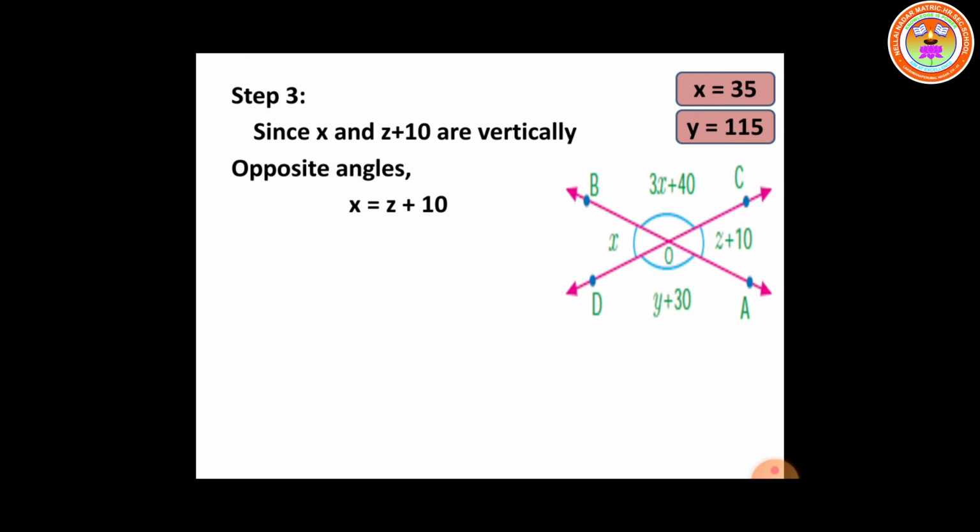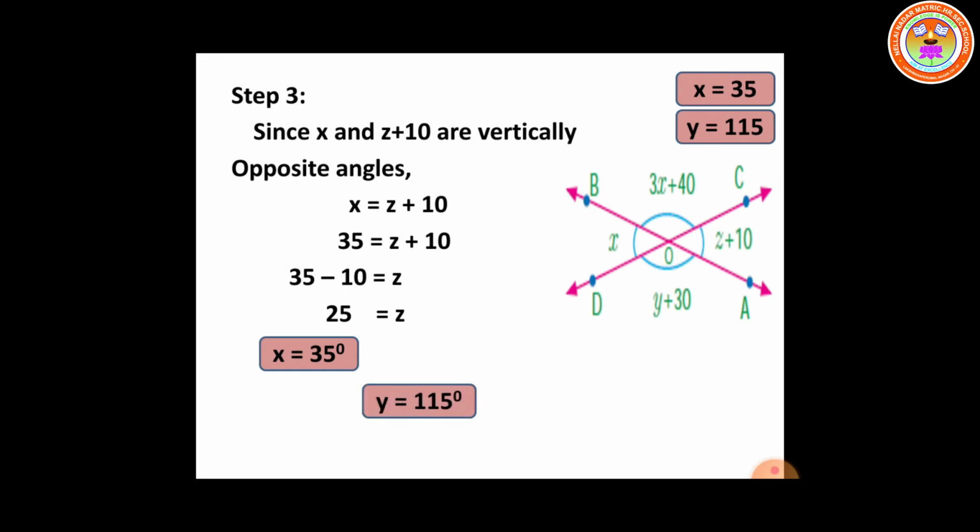So x equals z plus 10. x equals 35, so 35 equals z plus 10. 35 minus 10 is equal to z. z equals 25. So the values are x equal to 35 degrees, y equal to 115 degrees, z equal to 25 degrees.